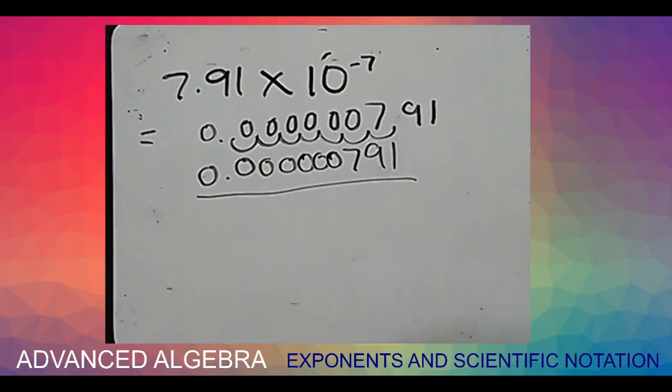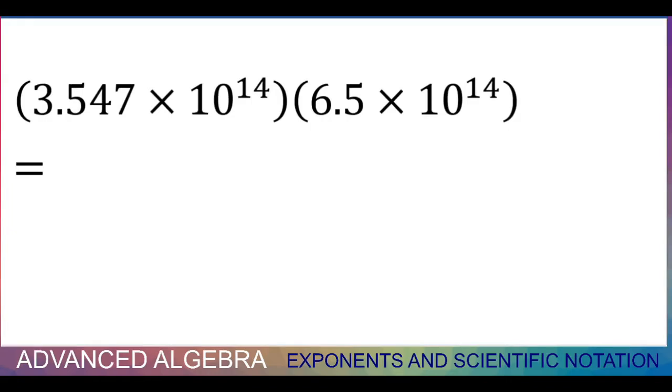Okay. Lagyan naman natin siya ng operation. Another example tayo. Gamitin natin yung scientific notation natin, meron tayong operation. For example, the quantity of 3.547 times 10 to the 14th power, multiply by 6.5 times 10 to the 14th power.